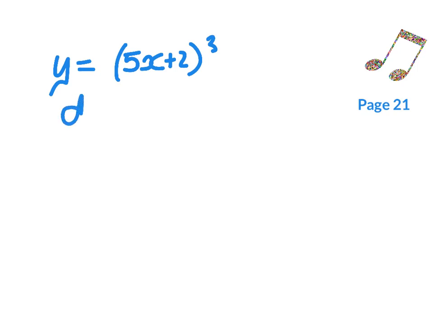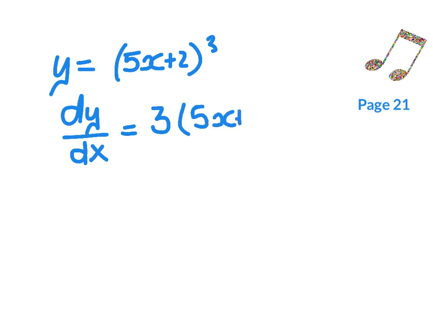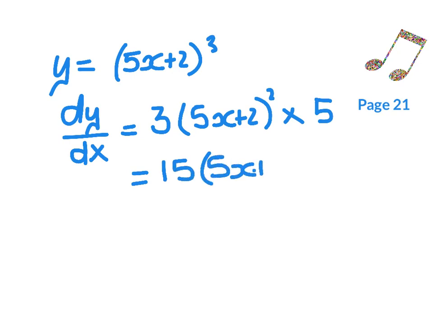So I'm going to differentiate the outside first, so multiply by the power, keep the bracket the same, reduce the power by 1, then multiply by the derivative of what's inside the bracket, 5x plus 2, and if I differentiate that, I get 5. To simplify it, I've got 3 times and 5 times, so I've got 15 times 5x plus 2 all squared.